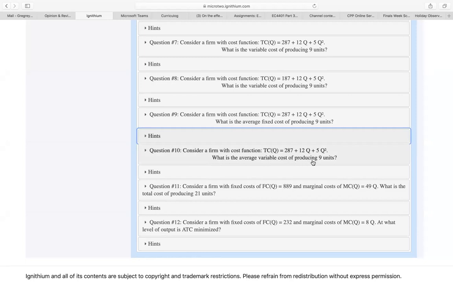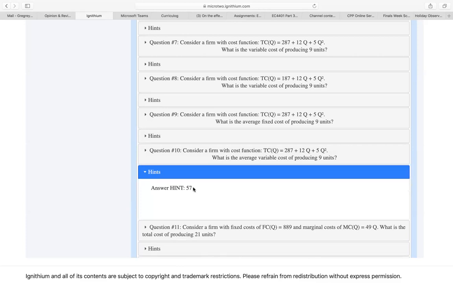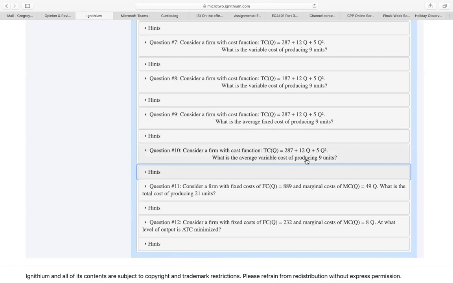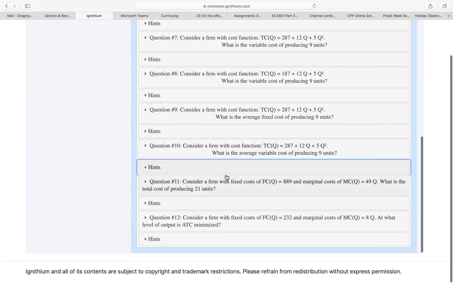Do you want to explain how you got it, Brian? Basically I focused on the variable cost, which would be 12Q plus 5Q squared. I plugged in 9 and then I divided by 9. Yeah, that's right. So you computed the total variable cost first, and then you divide by Q. Okay, good job.